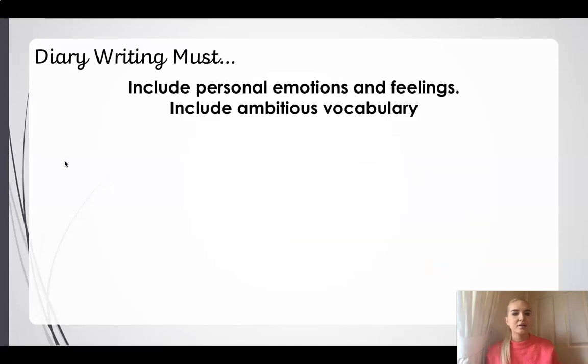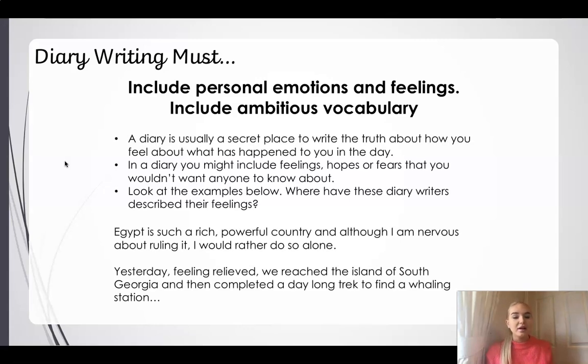Okay. Now, another thing that a diary writer must include is personal emotions and feelings, and getting that ambitious vocabulary in. So that was our previous lesson yesterday. I'm sure you did really well in that, because we learned all about how we can include ambitious vocabulary. Now, when we are writing a diary, it's like a secret place.